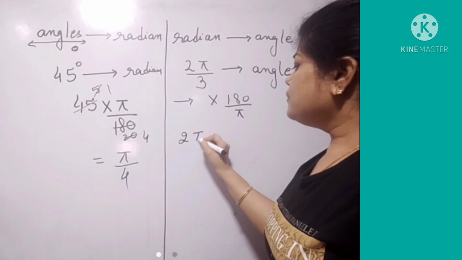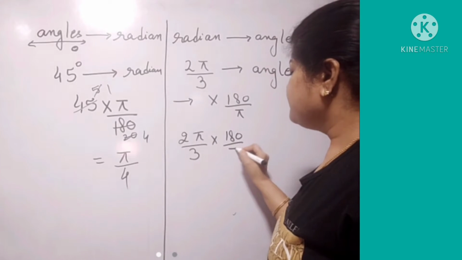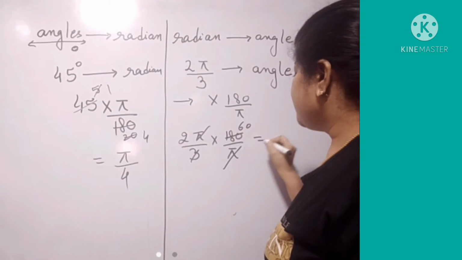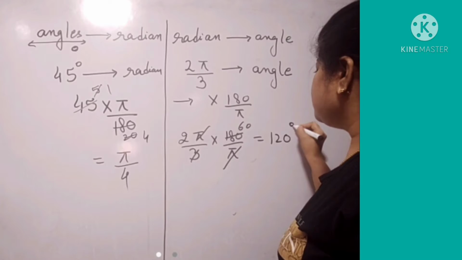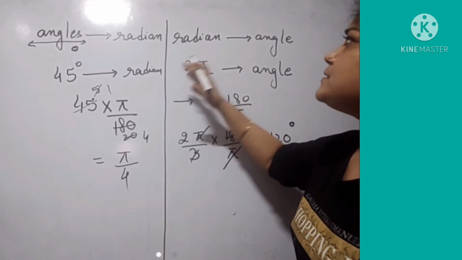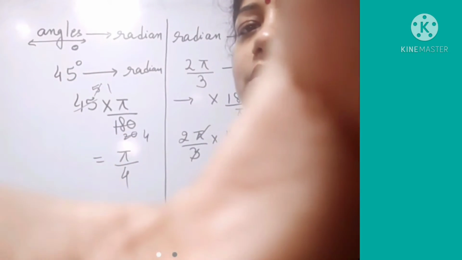That means 2 pi by 3 into 180 by pi. So pi gets cancelled. 3 6s are 18 and we get 120 with a degree sign. So in this way, we convert angles into radians and radians into angles. A lot of questions you can practice now.